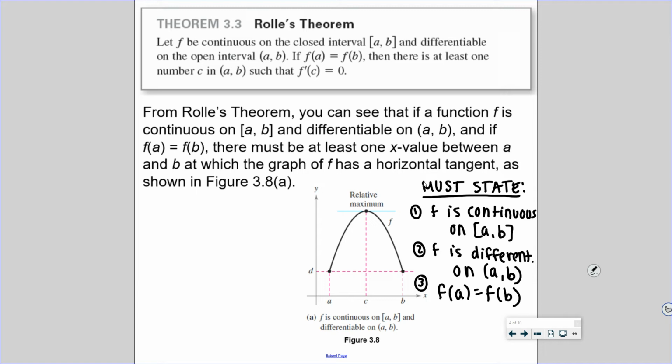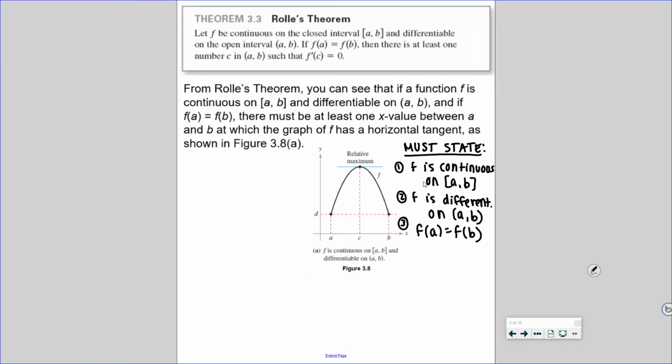Otherwise, we can't use Rolle's theorem. So we must state that in order to show that there exists at least one x equals c such that f prime of c equals 0, such that we have a horizontal tangent. It's pretty much what that means.